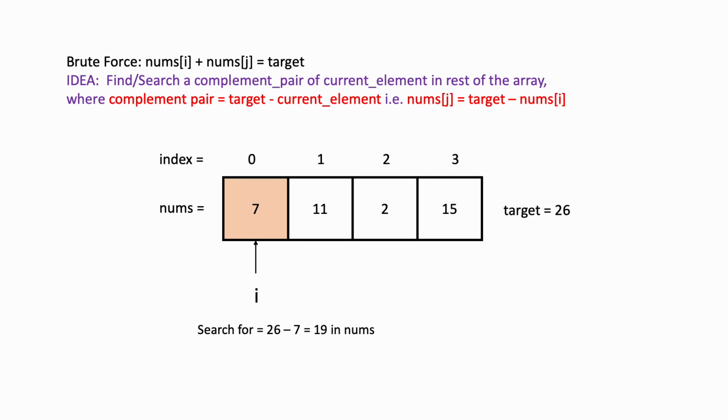From this we can say that the TwoSum problem involves a search-based solution, where we are trying to search for the complement pair of the current element in the rest of the nums array. Whenever a problem is based on a search-based solution, I always ask myself a question: can I apply sorting and leverage binary search to simplify the problem and do a faster search?